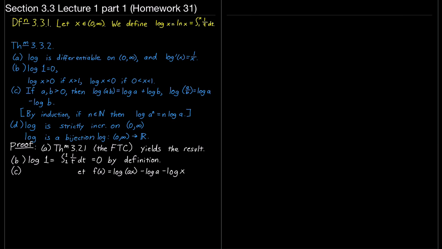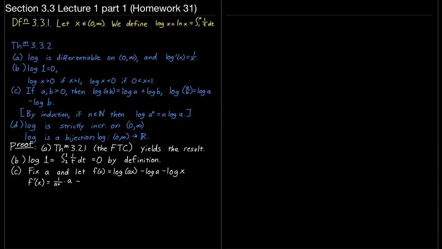So we are fixing a and letting f of x be defined like this. Then f prime of x, by the chain rule, we get 1 over ax times the derivative of ax, which is a.